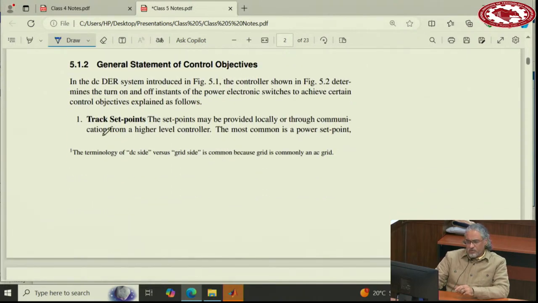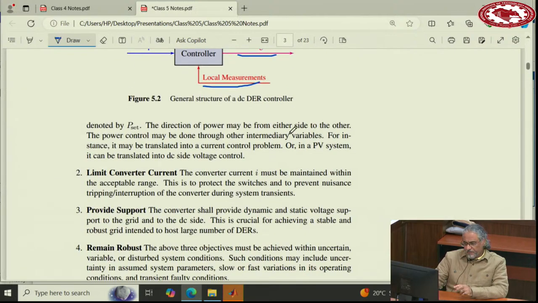So we would like to track the set points. We do not specify at this time what those set points are, but whatever they are, we would like to track them. Common set points are power or current, but it could be other than power. I use "set" for the set point, so when I say P set or V set or I set, that's the set point.